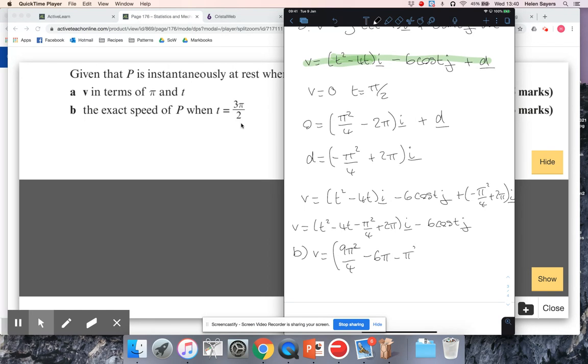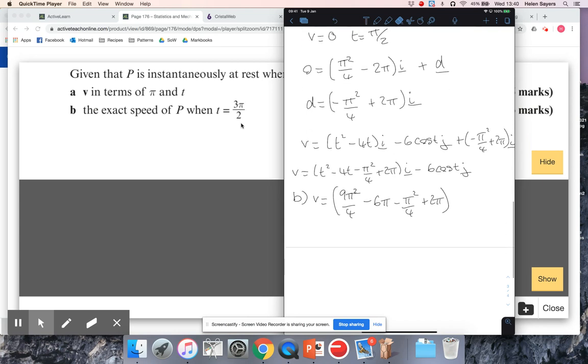And then I've got the minus pi squared over 4 plus the 2 pi. And then cos of 3 pi over 2 is 0 again, so the j component is just 0, so I don't need to bother writing that.